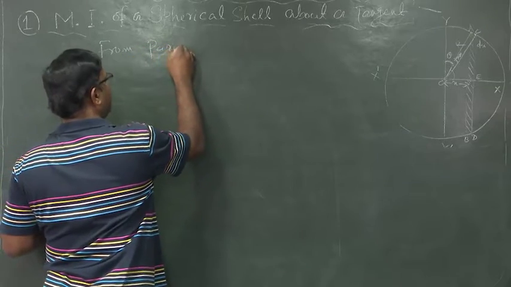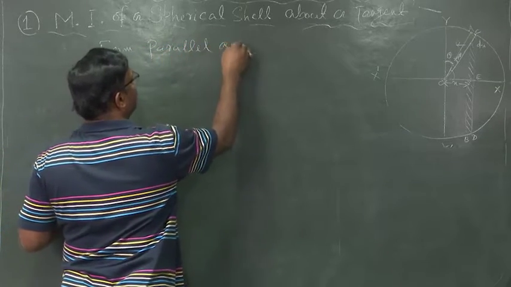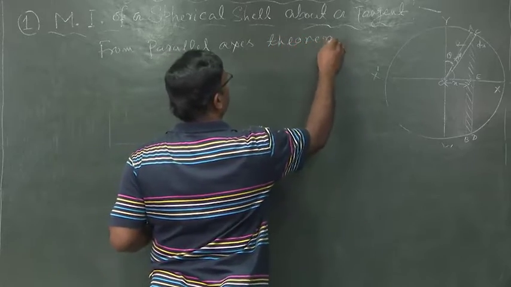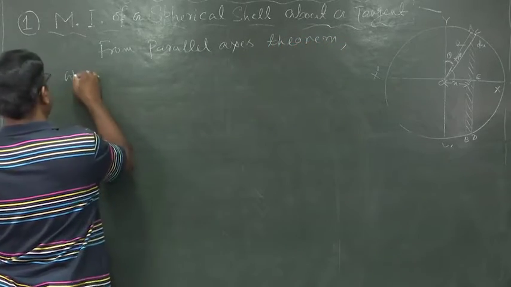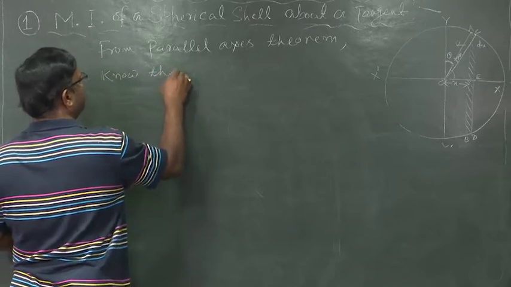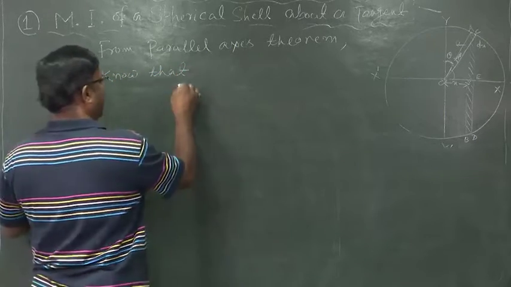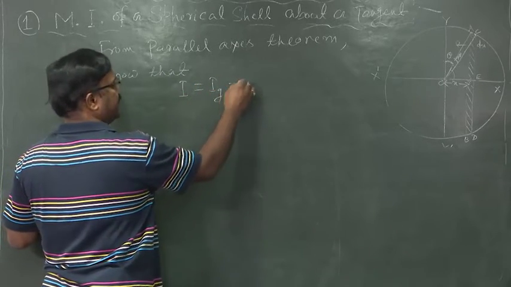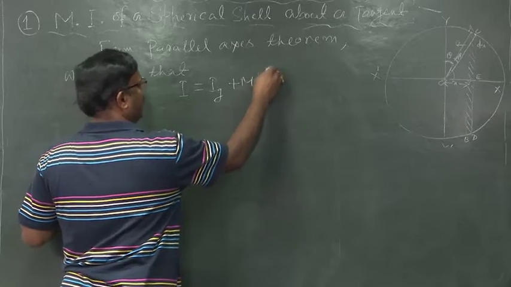From parallel axis theorem, we know that I is equal to Ig plus m h square.